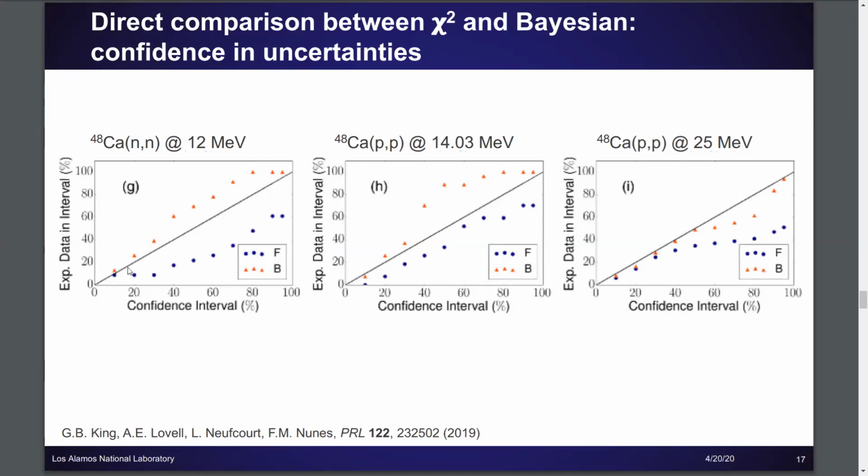And so these black lines on each plot show you if our calculation was completely honest, we should expect, say, 20% of the data to fall within the 20% confidence intervals, and so on. And so for these three scattering cases that we looked at, comparing again in blue the chi-square calculations, and in orange the Bayesian calculations, we see that almost consistently the chi-square calculations fall below this line.